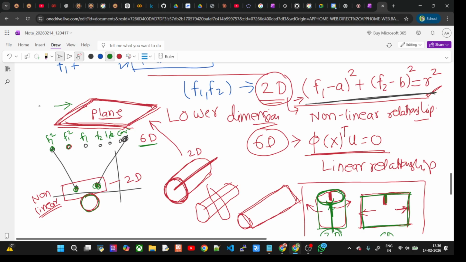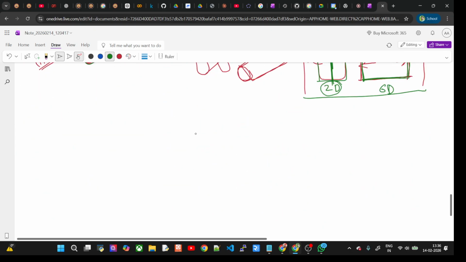Line in lower dimensions becomes a plane, correct? In 2D you draw a line. In higher dimensions what does it look like? If I do the same thing, this line will be something like a plane which passes through the origin.